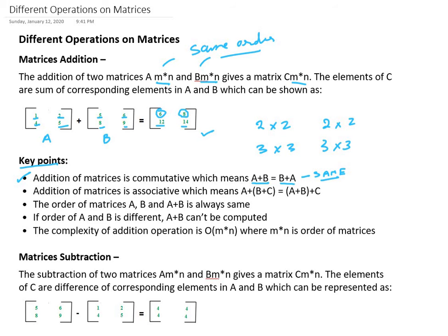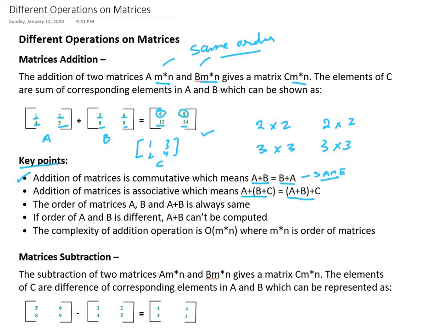Now next, addition of matrices is associative, which means A plus B plus C is equal to A plus B plus C, however we group it. Basically it means, let's say we have three matrices. Let's say we have a third matrix here, which is 1 2 3 4.